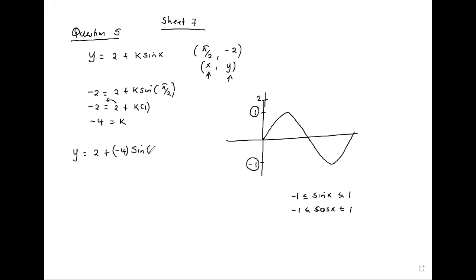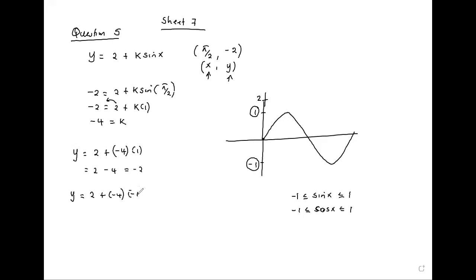If we do 1 here, we'll get 2. I mean, if we get a value of x that gives us sine to be 1, which is 90, we'll get 2 minus 4, which is negative 2. Let's also see what happens at negative 1. So we'll have 2 plus negative 4.